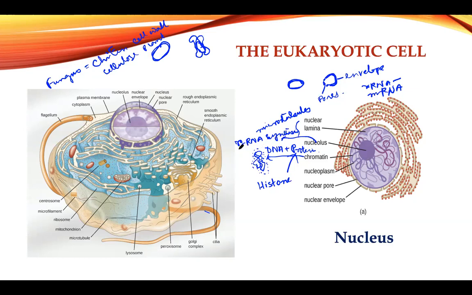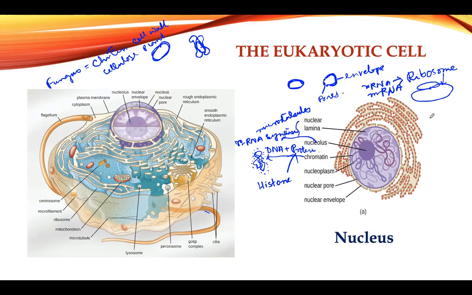Now, that ribosomal RNA or rRNA is very, very important because it is responsible for constructing the ribosome. So rRNA and protein together make the large subunit and small subunit of the ribosome immediately before protein synthesis.